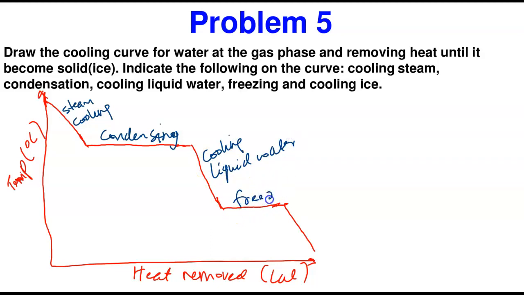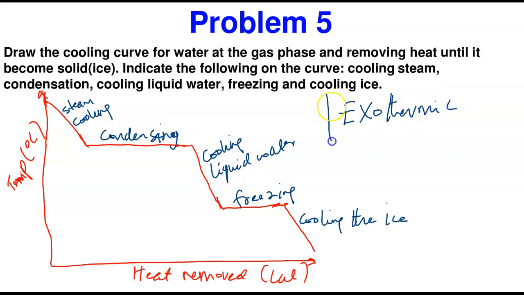You are freezing liquid water, and at this point you are cooling the ice. And just remember, this process is exothermic because heat is being removed. This is exothermic in nature, and just opposite of what we have in the heating curve.